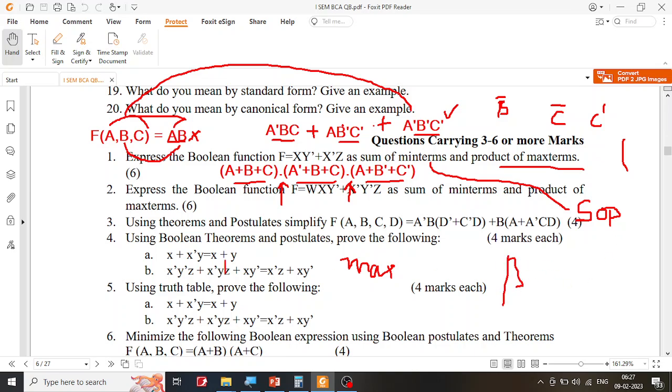So we call it POS, product of sum. Now a max term is a term that contains all the variables. Suppose you take the same thing, you have three variables a, b, c. Individual terms over here contain all the three variables.